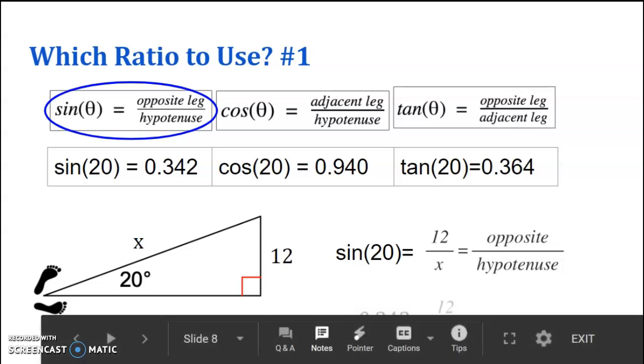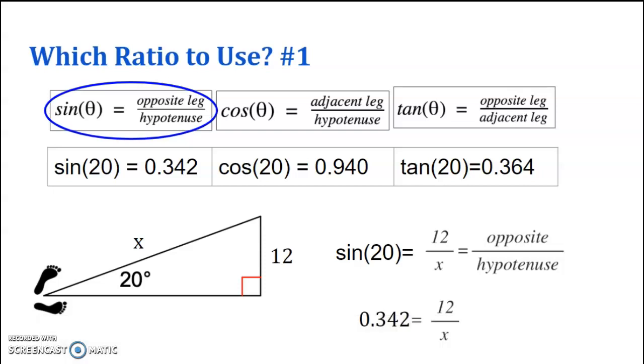So on the next line, I can say that 0.342 is equal to 12 over x. From here, you would solve to find what x is. Remember, you can't just multiply both sides by 12, that does not cancel out. You need to multiply both sides by x first.